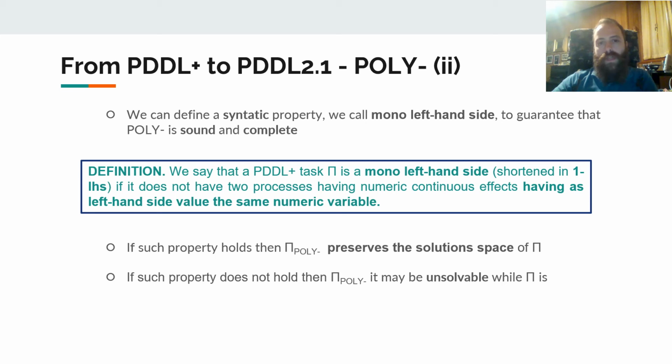So, given this definition, we can state that if such property holds, then pi poly minus preserves the solution space of pi. And if this property does not hold, then pi poly minus can be unsolvable even if pi is solvable.